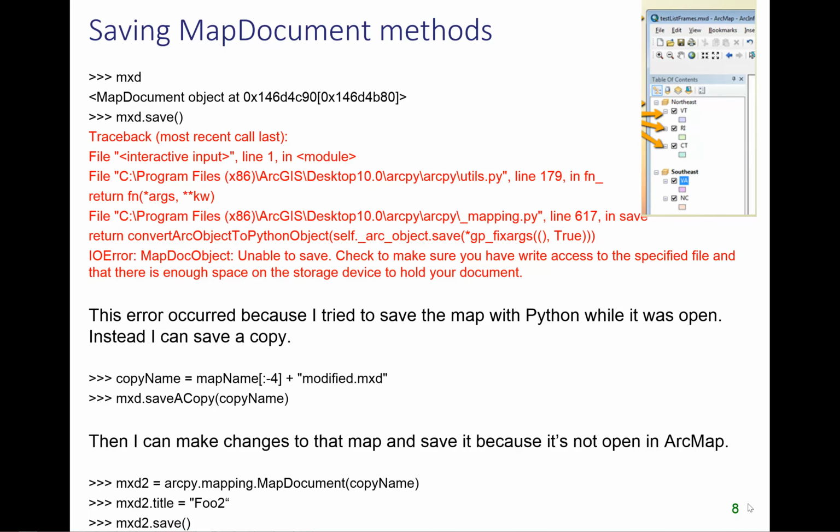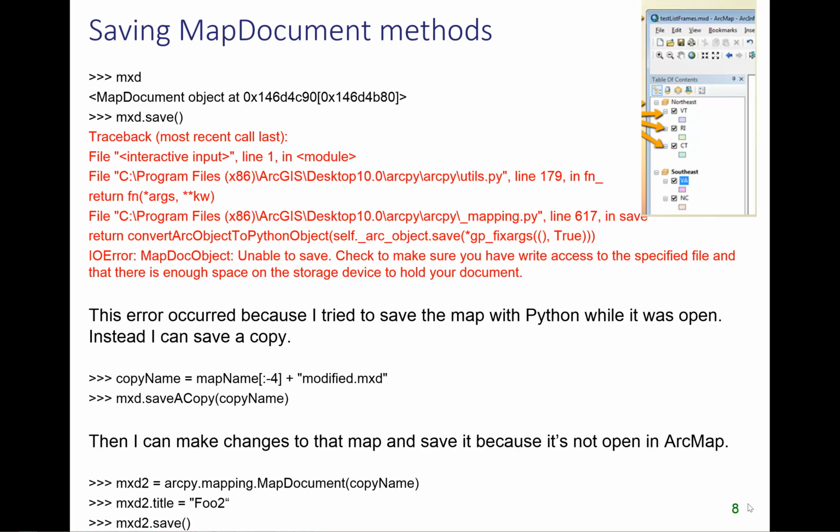When we did the save command, I had specifically said to leave ArcMap open with that same document and then try these commands in the interactive window in Python Win. This is because I wanted to demonstrate that if you have the map document open in ArcMap and you try to save changes to that map document in your standalone Python script, you are going to get into trouble because the map document is locked by ArcMap.